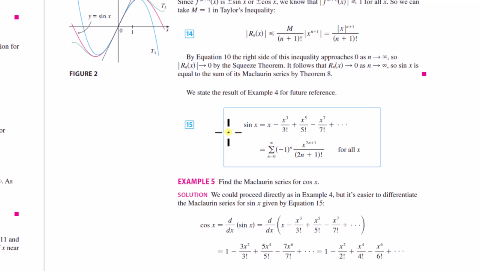So we're going to differentiate both sides of this equation. We differentiate sine of x, we get cosine of x. That's a fact; we proved that the derivative of sine of x is cosine of x. So that's equal to what? Now we're going to differentiate this power series. We've already proven that we know how to differentiate a power series, and we know what it's equal to.